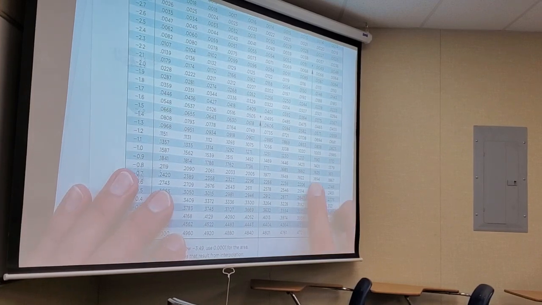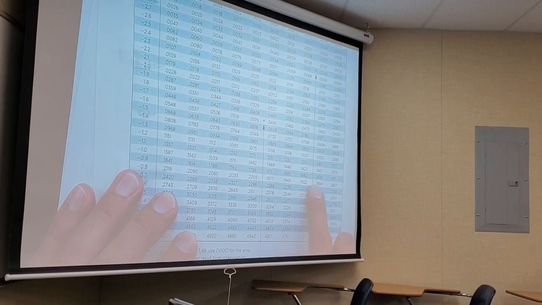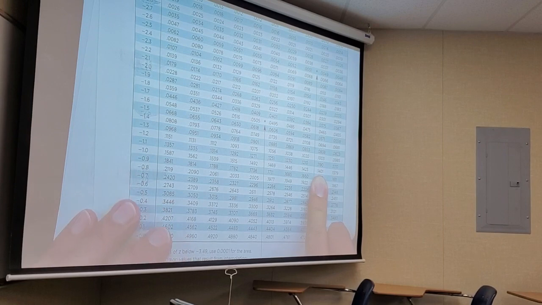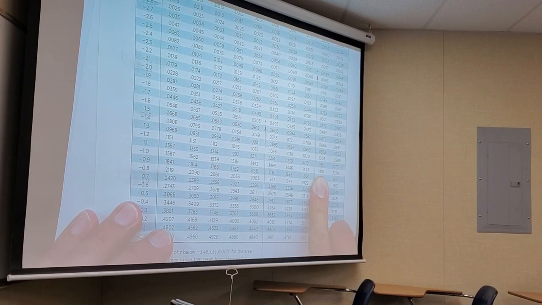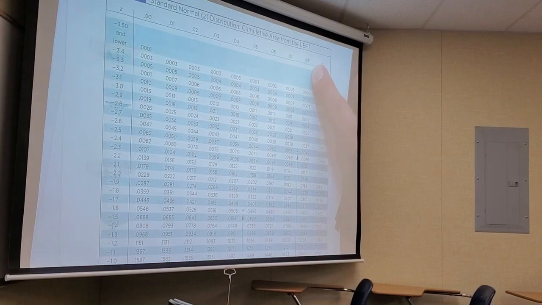What's the closest area that I see here? I see 0.1401, right? That's the closest I can get to 14%. Are you guys all with me? Bless you. So then that would be a z-score of negative 1.08.